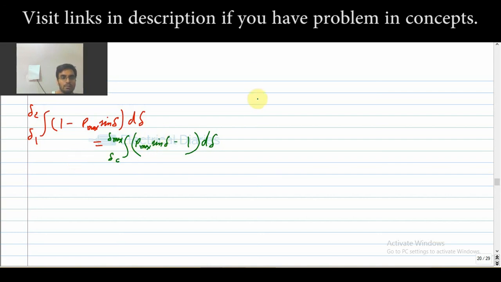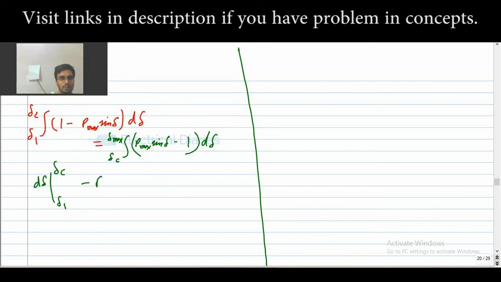Okay, so this was your equation. Now you have to solve this. Just put in the values. For 1, your integration will be d delta from delta 1 to delta C. It is not the critical angle, I have just marked the angle.